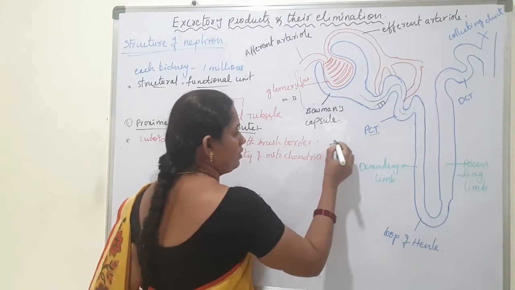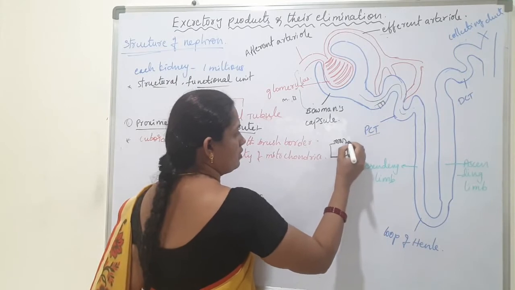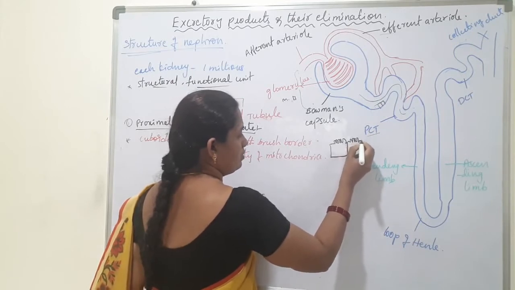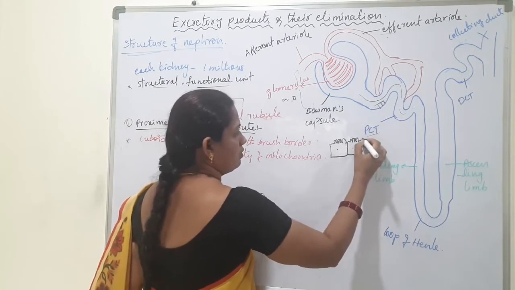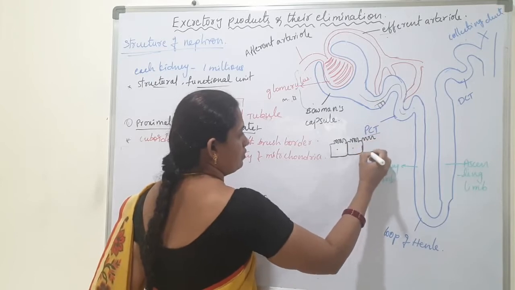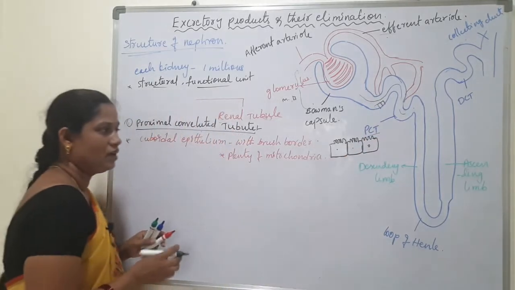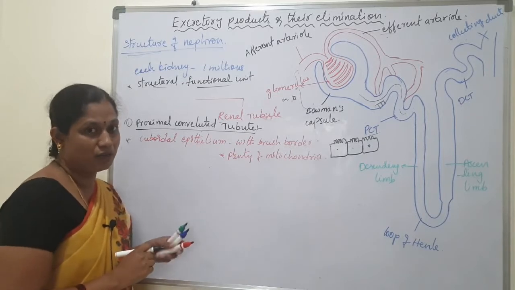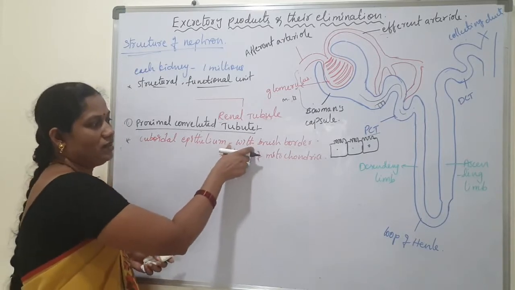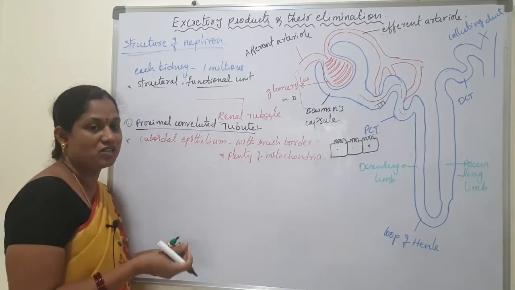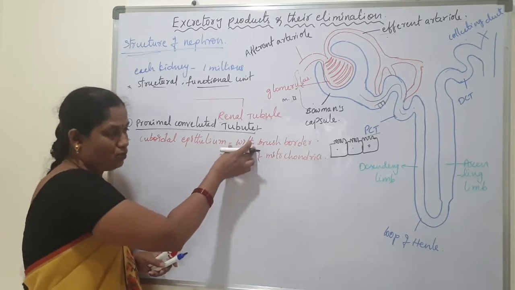For example, like this, this is one cell. Each cell has many microvilli, so it looks like a brush. That's why it is called brush border. It also has plenty of mitochondria.